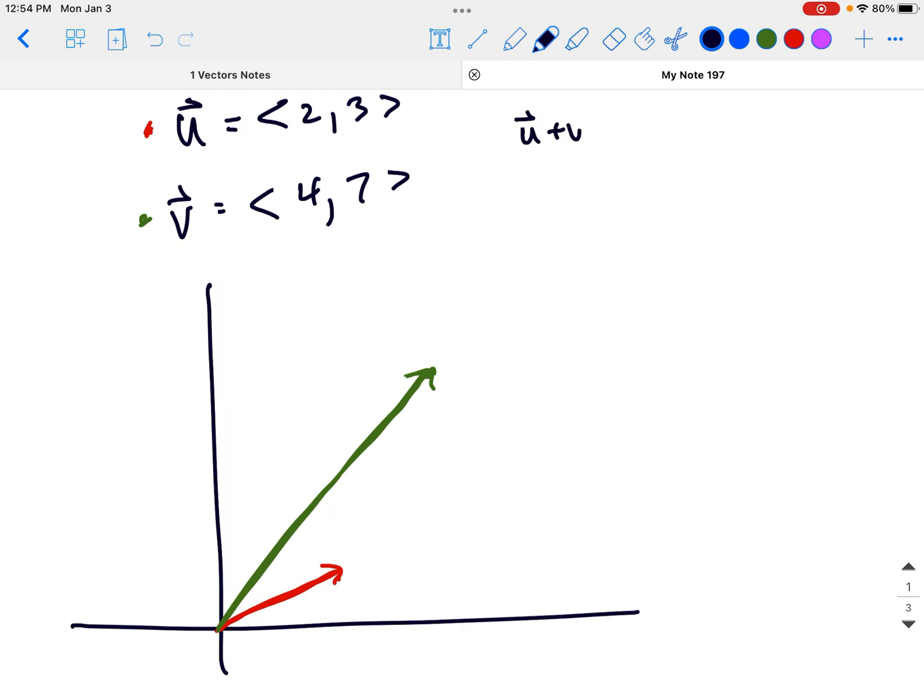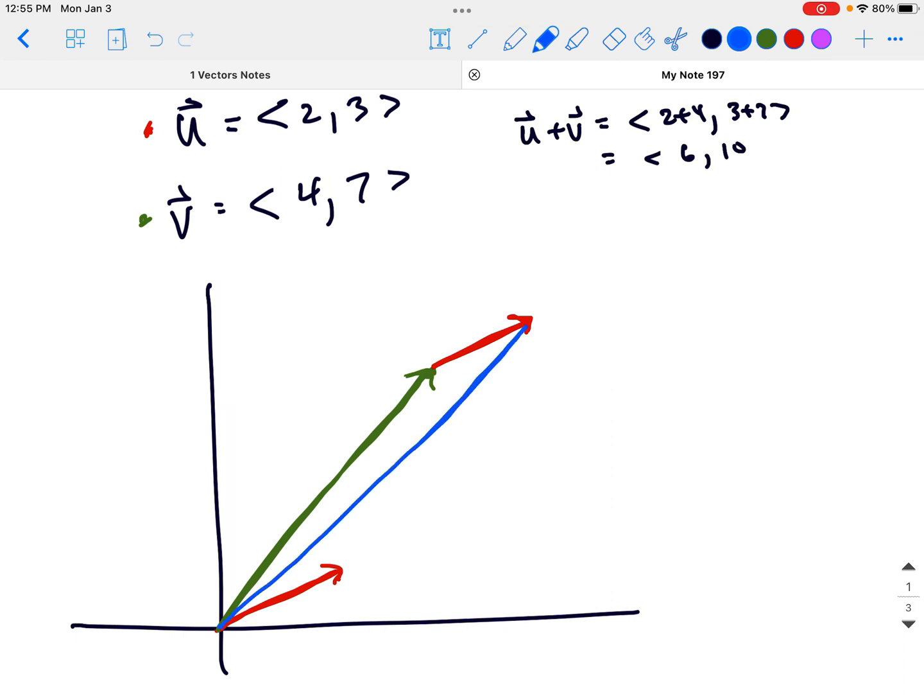So if we add the components of our two vectors here, what we're going to end up with is 6, 10. And so 6, 10 is going to be this vector from the origin to the end of the diagonal between the two vectors that we've created, so U and V in this case.